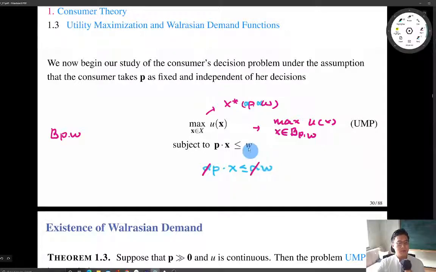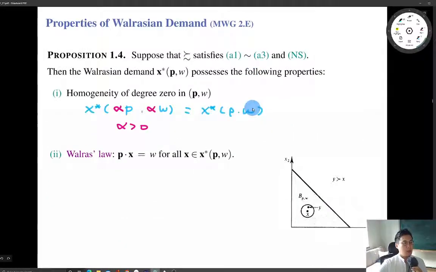So the solution x star of alpha p and alpha w is exactly the same as the solution to the original problem. And so we have homogeneity of degree 0.